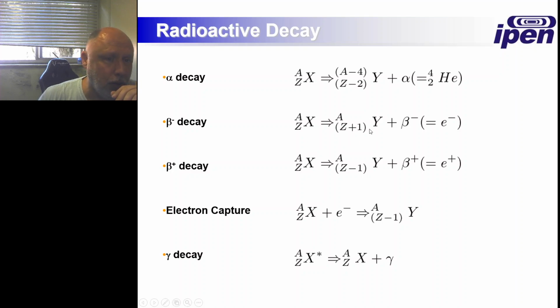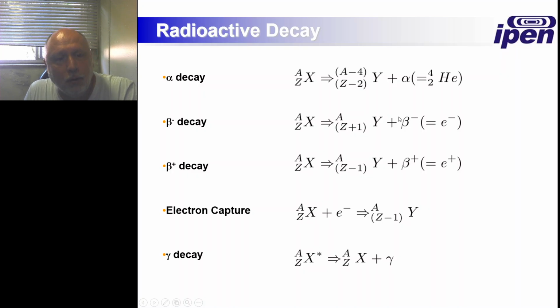The mass number stays the same because you lost one neutron and gained one proton, but now the chemical element has changed. It's not the same nucleus anymore, it's not the same chemical species anymore, and you have one electron that's traveling. So you see, the electron wasn't in the nucleus in the first place, it was produced there by this phenomenon.